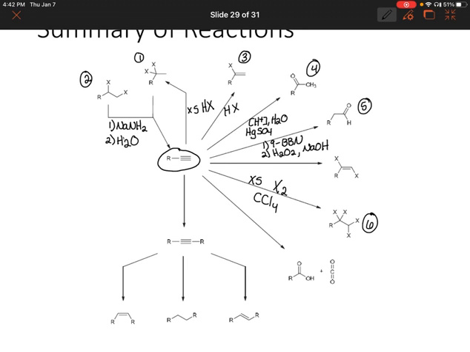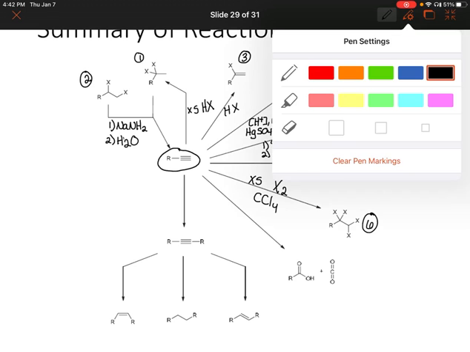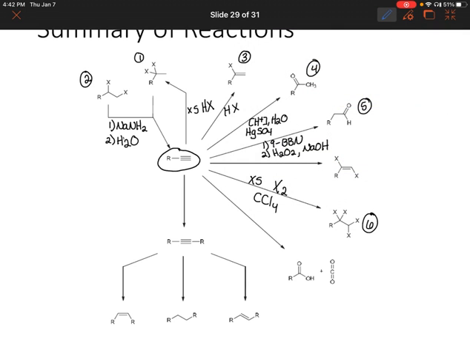Okay, so I'll let you try to fill in the rest of this chart on your own. But the mechanisms you should know are the first one we went over to prepare the alkyne. You'll also need to know how to make the geminal dihalide from an alkyne and what the arrow pushing mechanism looks like.